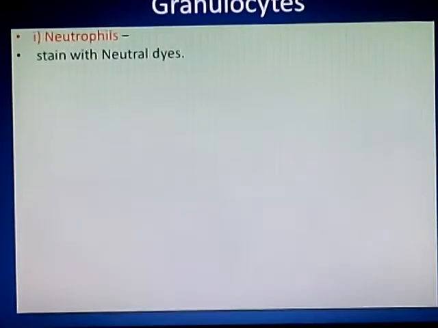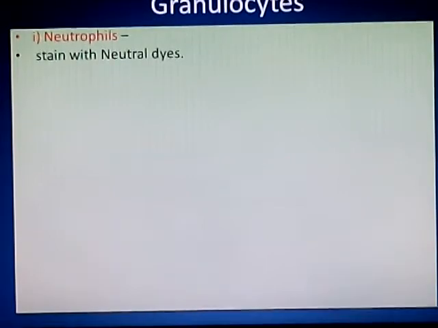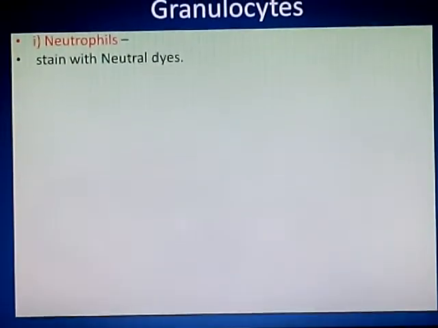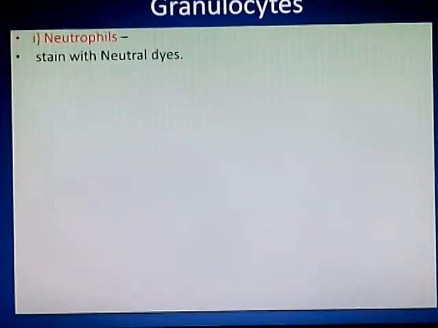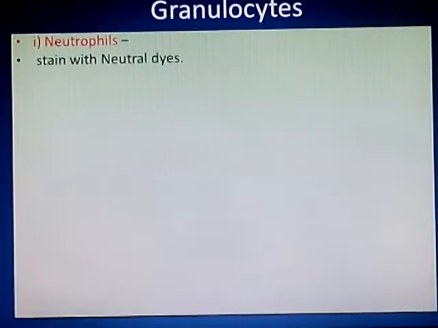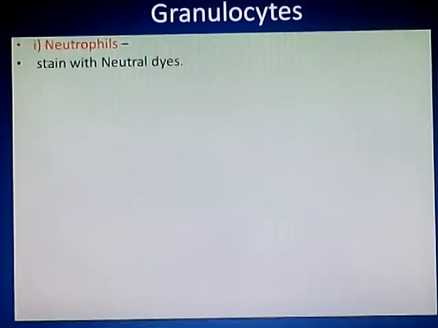First, staining of the cell cytoplasmic granules. Second, nucleus of the cell. Third, percentage amongst total WBC. And fourth, function. With the help of these four points, we are going to collect a detailed account of granulocytes.